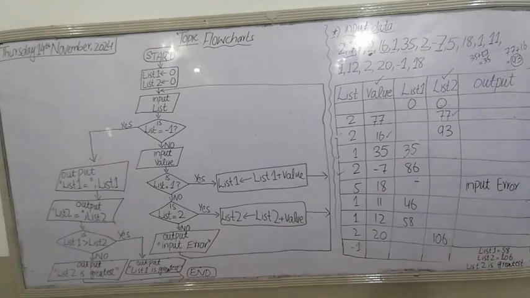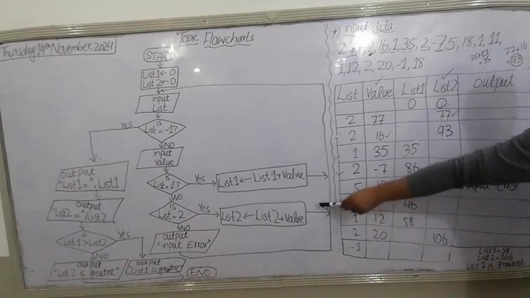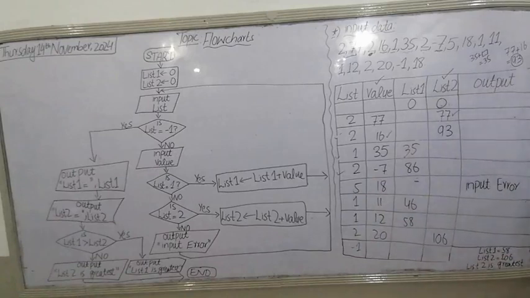Again we will check the conditions one by one. Is list equal to 1? No, it's not 1, it's 2. Next, is list equal to 2? Yes, the value stored in the variable list is 2. So we will do this addition this time. So list 2 plus value.